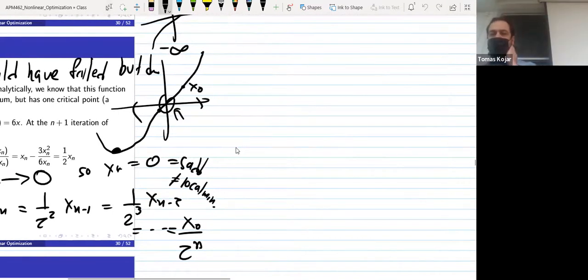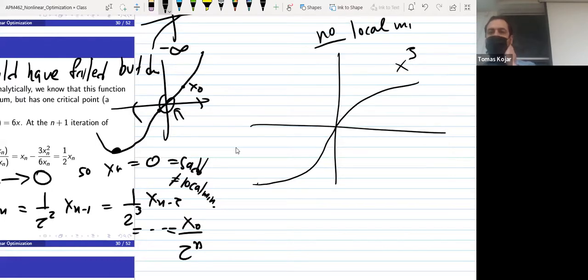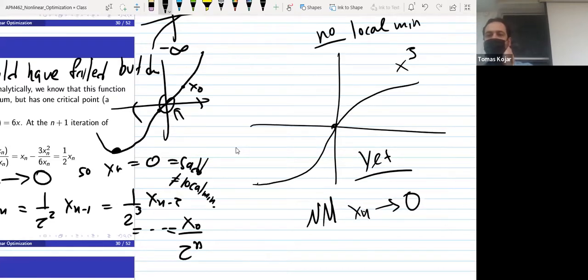This is the function, and it goes like this, and it has no local min. Newton's method gave x_n converging to 0. So Newton's method should have failed and it did not.